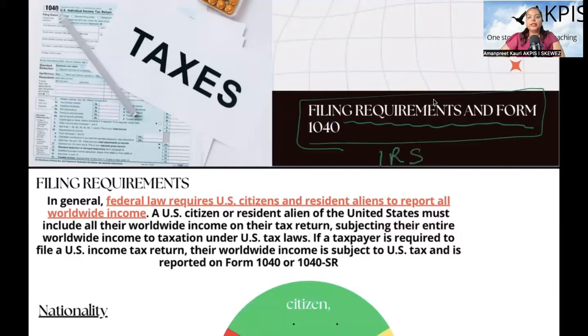Let's take an instance: in India, there is the Central Board of Direct Taxes, which takes care of whether the taxation compliances are done in a proper manner or not.